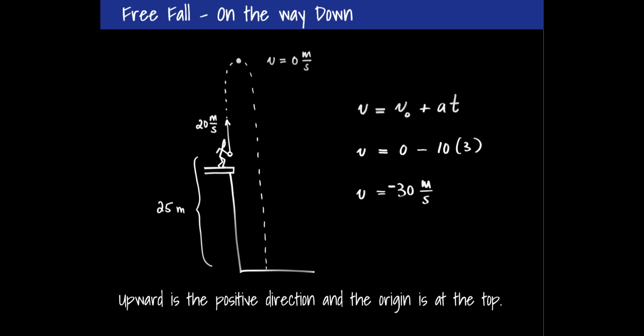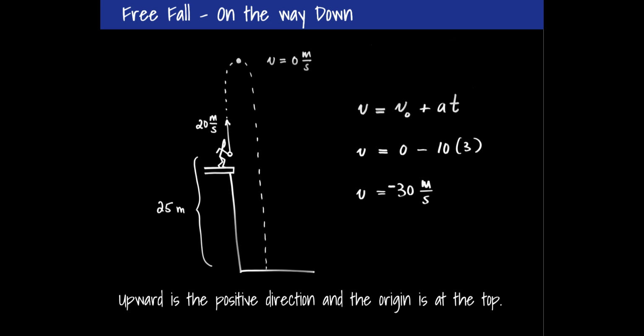The final velocity is negative. Does that make sense? Yes, because I chose upward is the positive direction, and the object is going downward at 30 meters per second. Velocity is a vector, not just a number, 30 meters per second, but also a direction, negative.